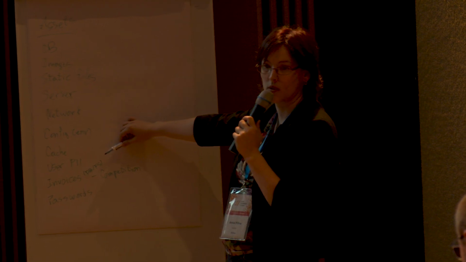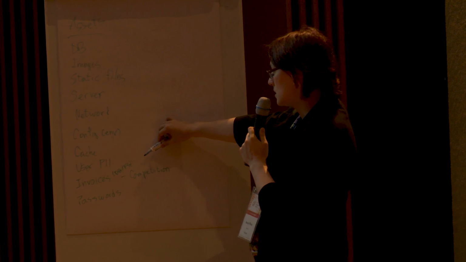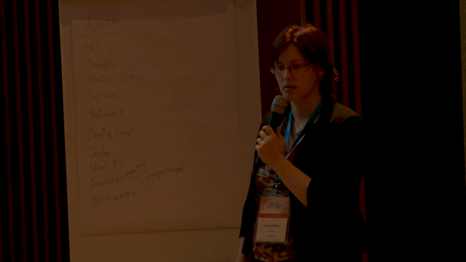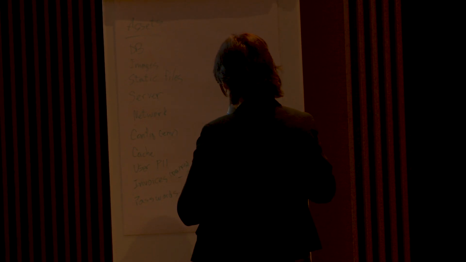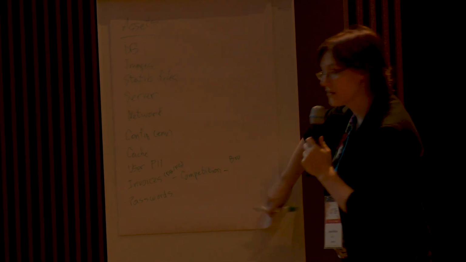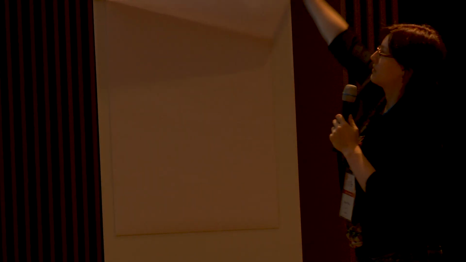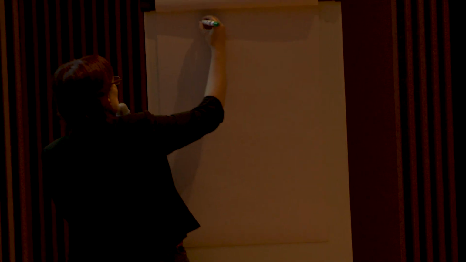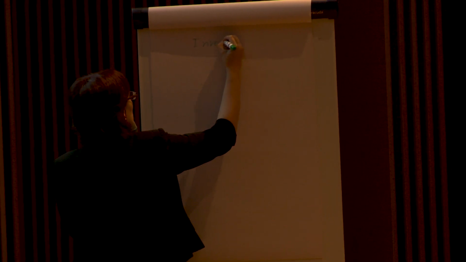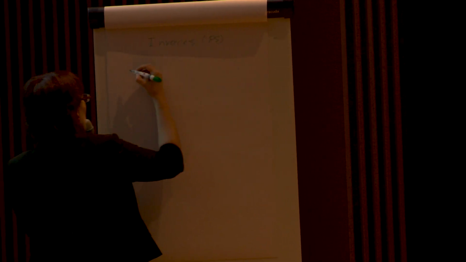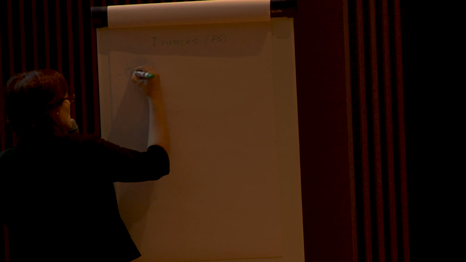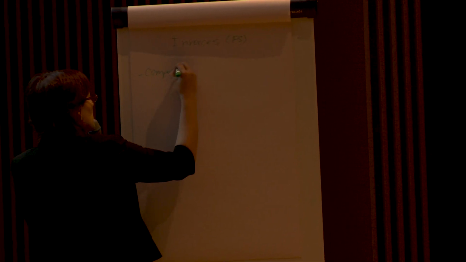Maybe you cache those invoices, those PDF invoices. How can they attack that? Actually, let's create a whole section for that, and let's look at that one in more detail. So, let's start with invoices on the file system. Competition.